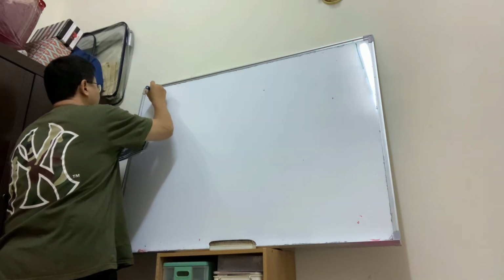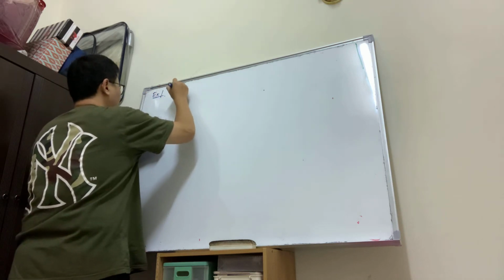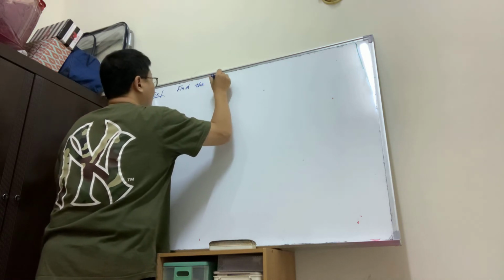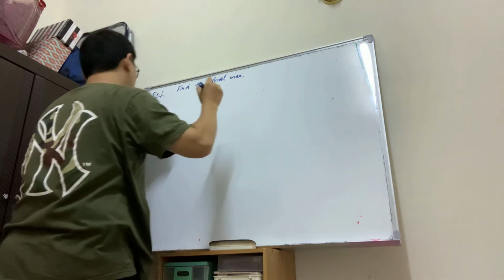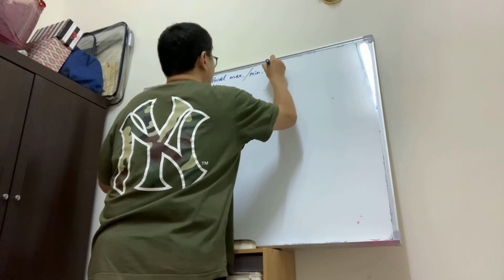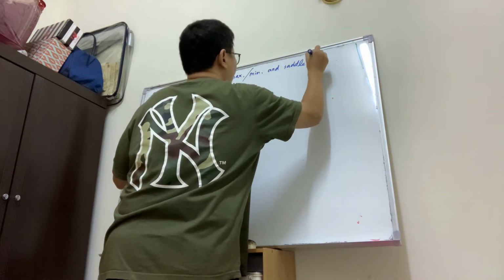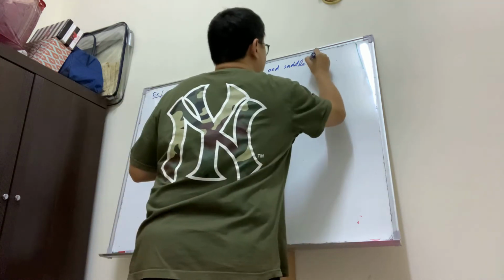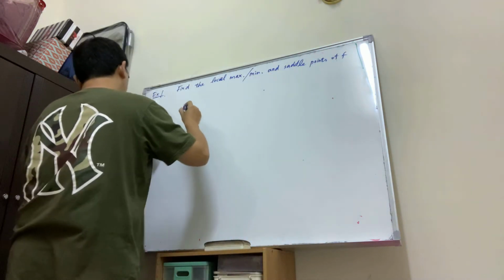So we consider example 1. Find the local maxima, the local minima and the saddle points of f. We can see the two functions.